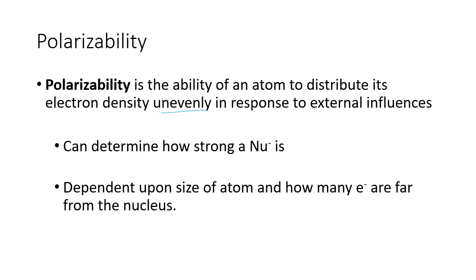And this comes into play sometimes when we start looking at molecules that are overall nonpolar, but they can become slightly polarized due to other factors, such as an induced dipole happening and then causing the electrons to shift from one side to another. Polarizability can determine how strong a certain nucleophile is, and it's dependent upon the size of an atom and how many electrons are far away from the nucleus.